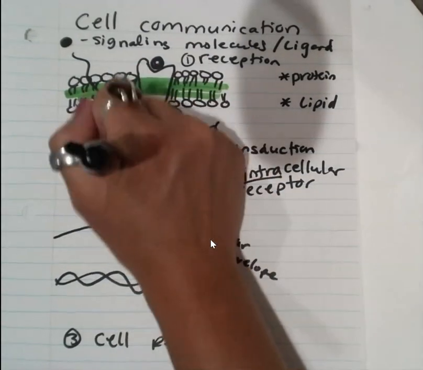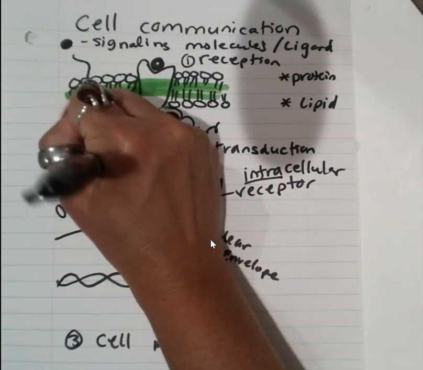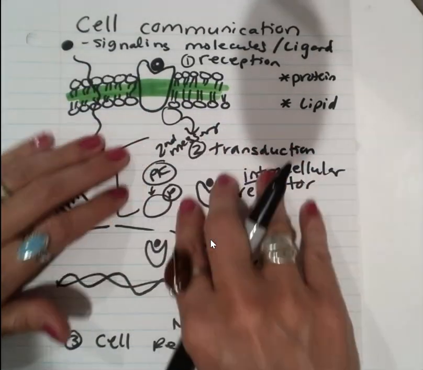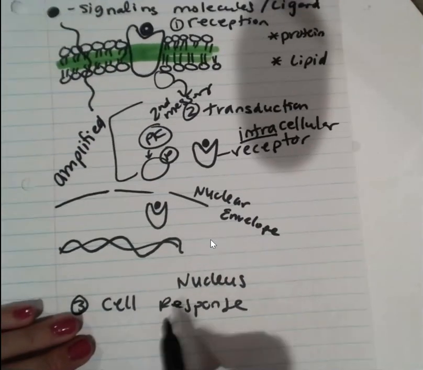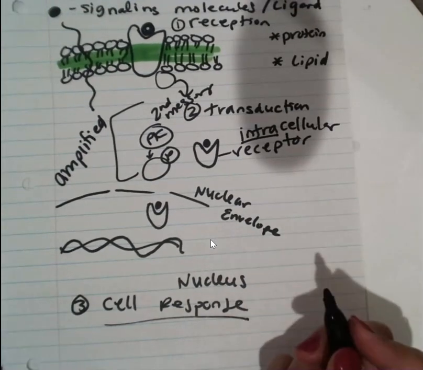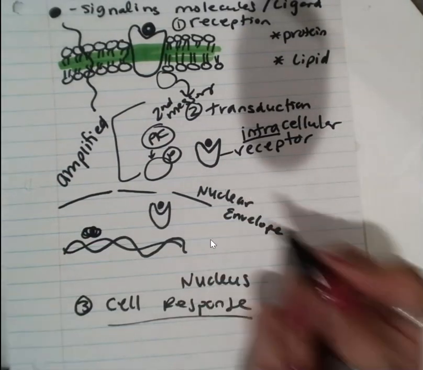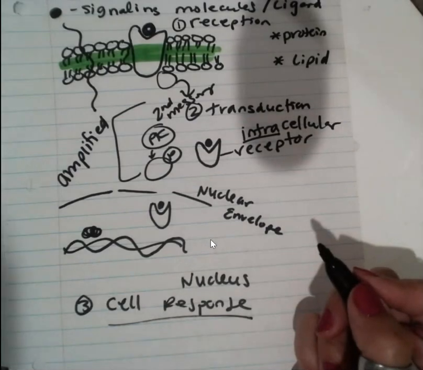Now, in this step, the message becomes amplified. Amplified means increased, so the message is increasing within the cell. And then ultimately, it'll bring about a cell response. Sometimes that cell response might be to activate transcription factors to turn on gene expression, or the cell response might be to activate an enzyme.